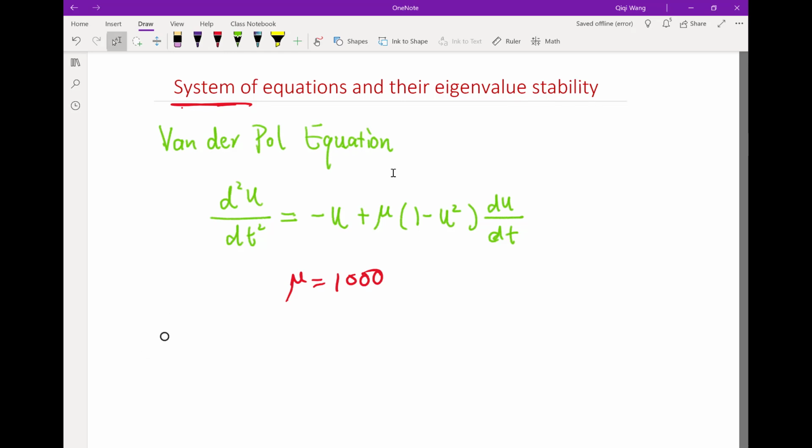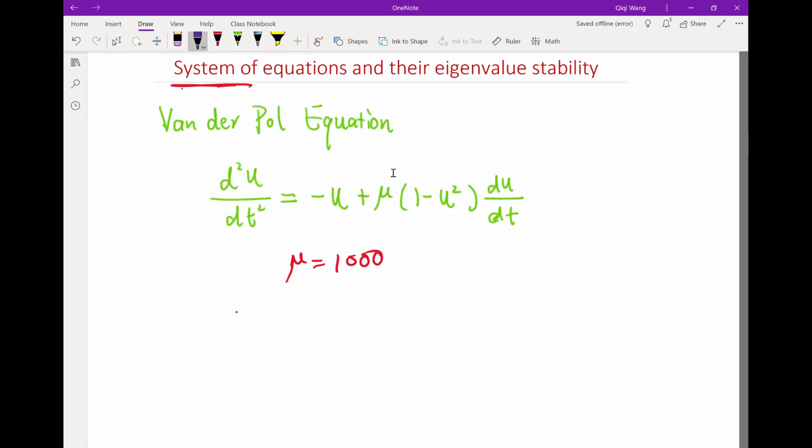So here, let me write the equation out for you. I'm going to define v as du dt.